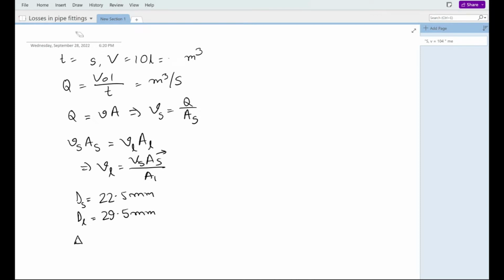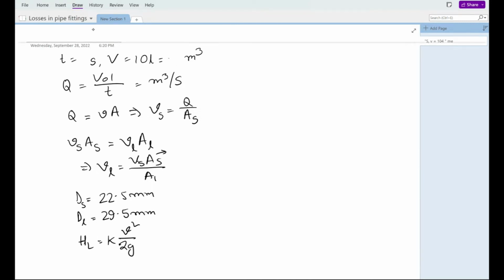So the formula is HL equals K times V square divided by 2 times gravity. So we have to find this K value.